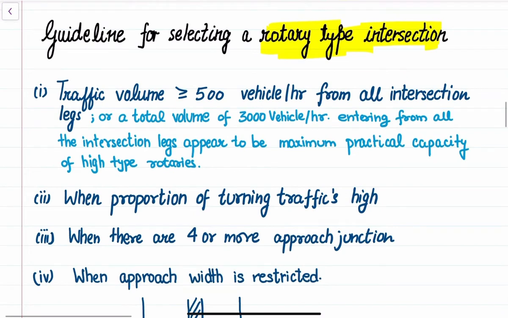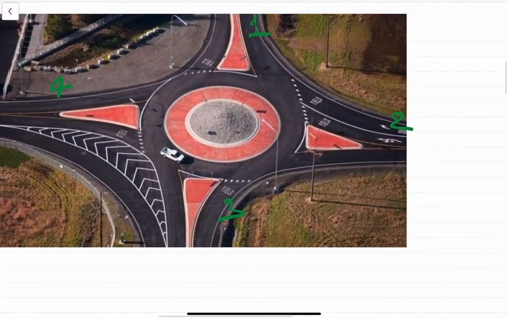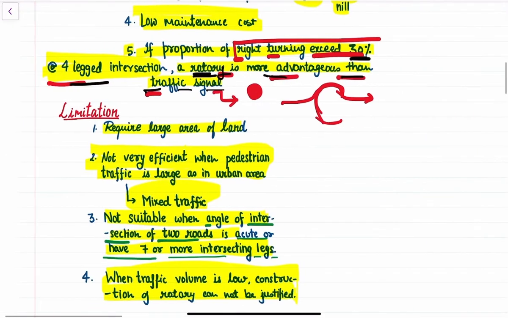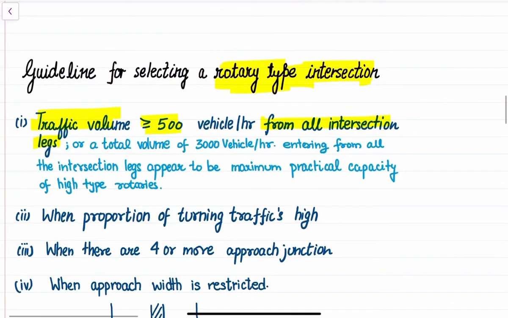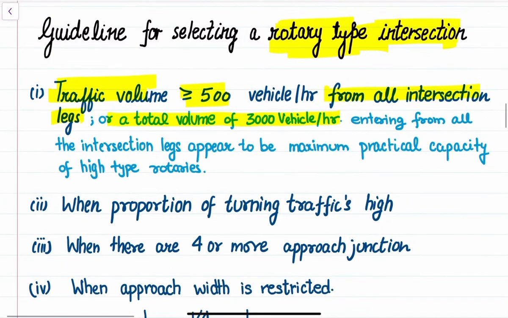In case the traffic volume is greater than 500 vehicles per hour for all intersection legs, this means that in each of the legs we have a traffic volume of 500 vehicles per hour, or a total traffic volume of 3000 vehicles per hour entering from all the intersecting legs, which appears to be the maximum practical capacity of a rotary.